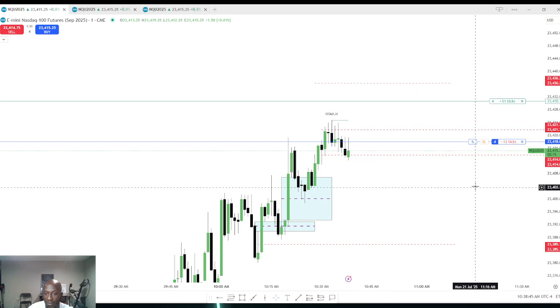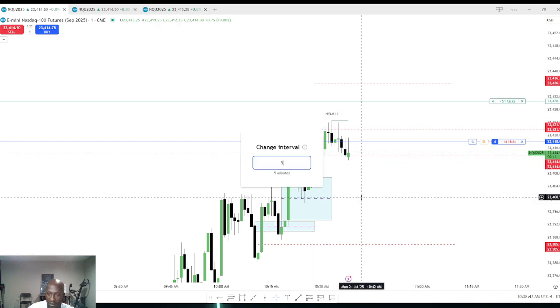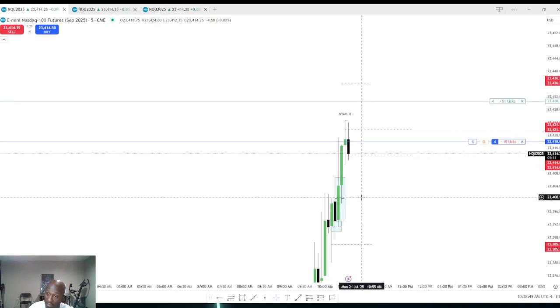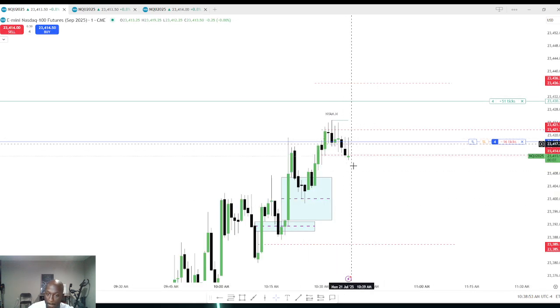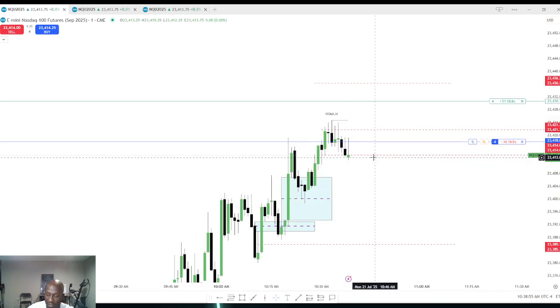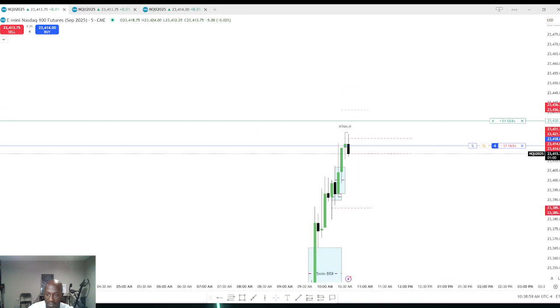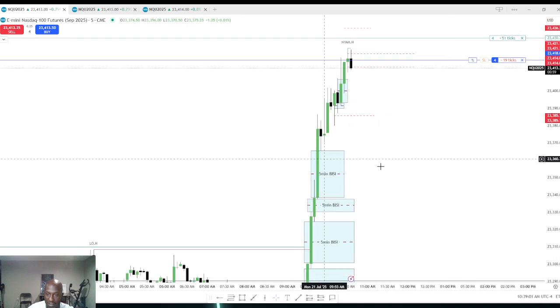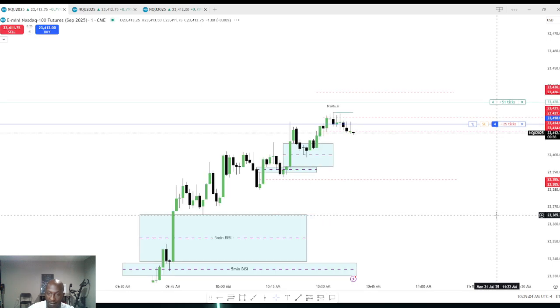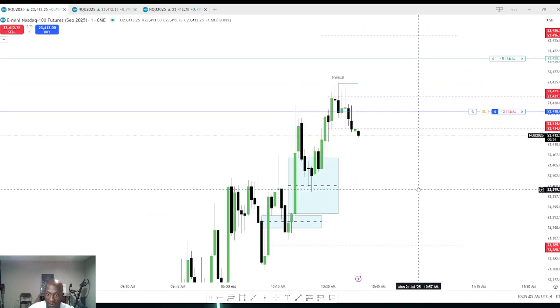I don't think so. Again, I wanted to see it close above that right there. That's why I re-entered. But with these wicks, and then I stand below that, the next draw on liquidity is down here, or inefficiency, I'm sorry.